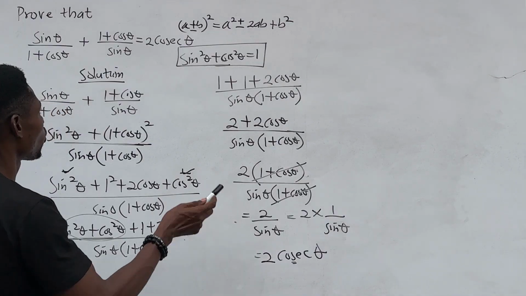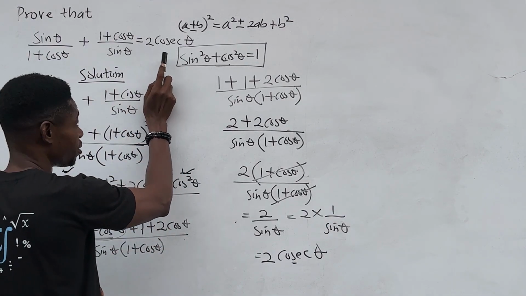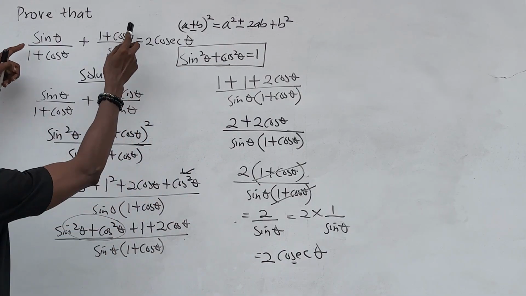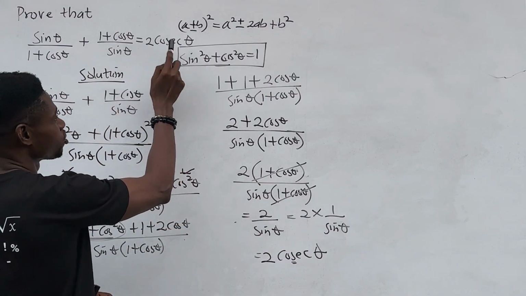Okay, so in fact what we wanted to prove is that this is equal to 2 cosec theta, right? Now our left hand side has given us 2 cosec theta, and our right hand side is 2 cosec theta.